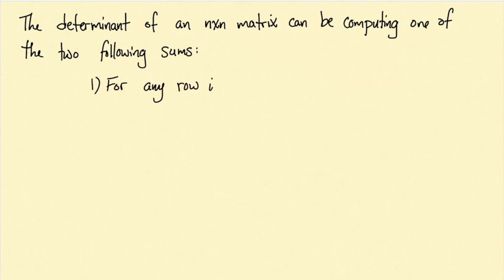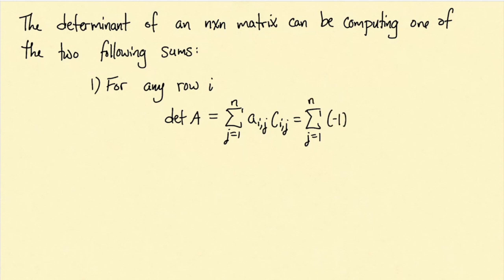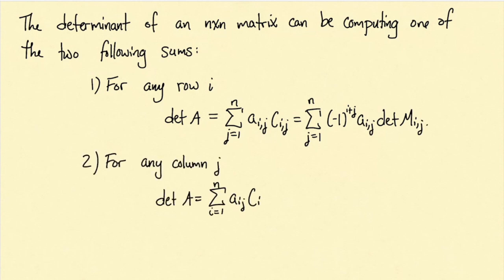The determinant of A is the sum from j equals 1 to n of the entry aij multiplied by the cofactor of the entry aij, which is the same thing as the sum from 1 to n of -1 to the i plus j, aij multiplied by the determinant of Mij. Alternatively, we can fix a column j and perform a similar sum.